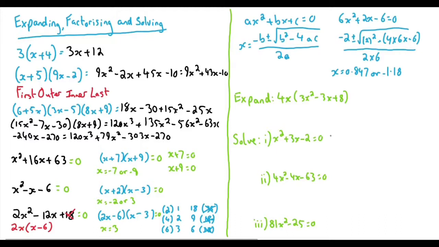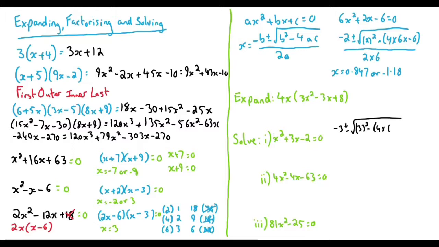Now, if in fact we had made a misjudgment here, and it was possible to do it in 2 brackets, it really doesn't matter. The quadratic formula will get you the exact same answers, it's just about whichever is quicker for you. So, plugging this in, your b is going to be 3, so minus 3 plus or minus the square root of 3 squared minus 4 times 1.